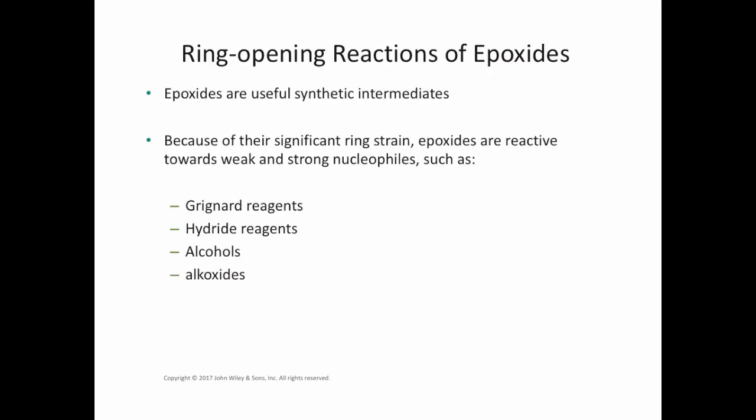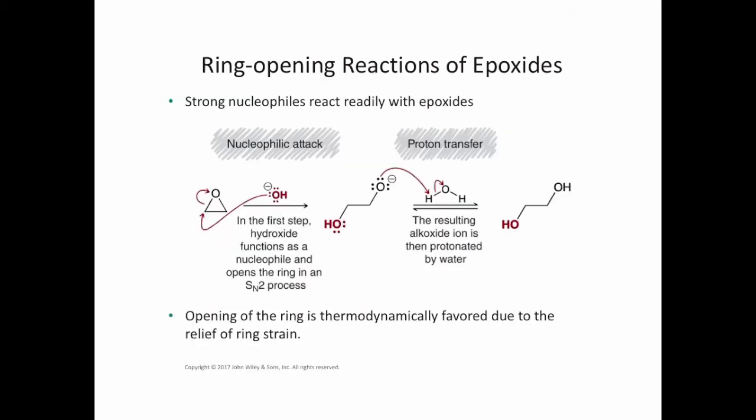Epoxides are useful because we can have a variety of nucleophiles attack them, such as Grignard reagents, hydride reagents, alcohols, and alkoxides. So a ring opening reaction will occur in the presence of a strong nucleophile. So for example, if we have hydroxide, it's going to attack one of the two carbons of the epoxide, and then that carbon-oxygen bond breaks and we open up the ring.